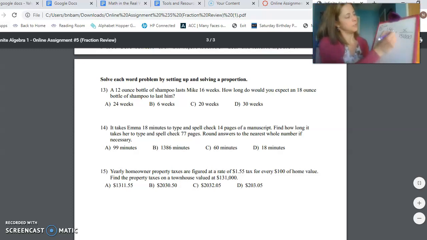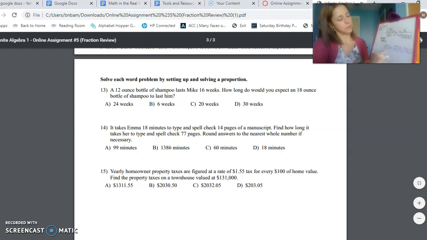So we're going to multiply the two values that are known. And actually, you can cross multiply both ways if it makes it easier for you. So 100 times X is 100X. And then 131,000 times 1.55, we get 203,050.